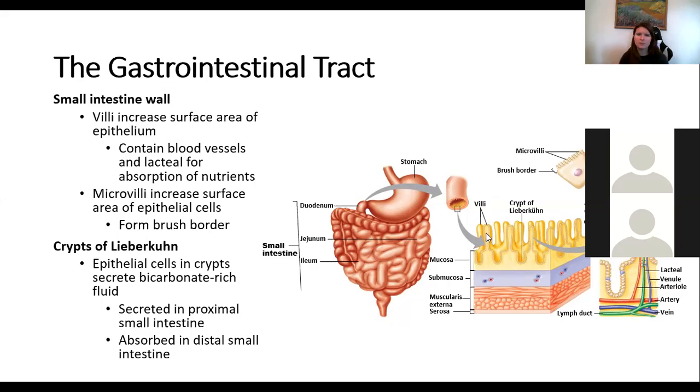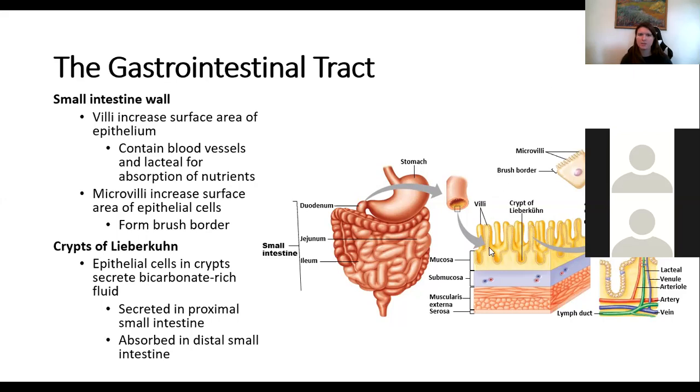We saw that before in our kidney as well: when we make the edge of cells squigglier, one of the reasons is to increase surface area, which helps us absorb more stuff. So these villi are sort of little prong things.